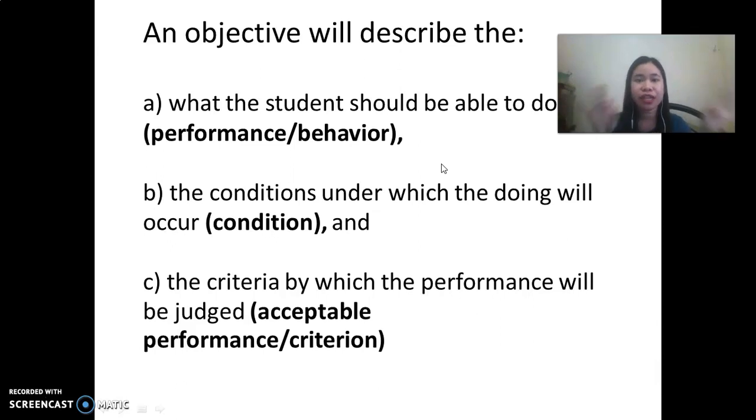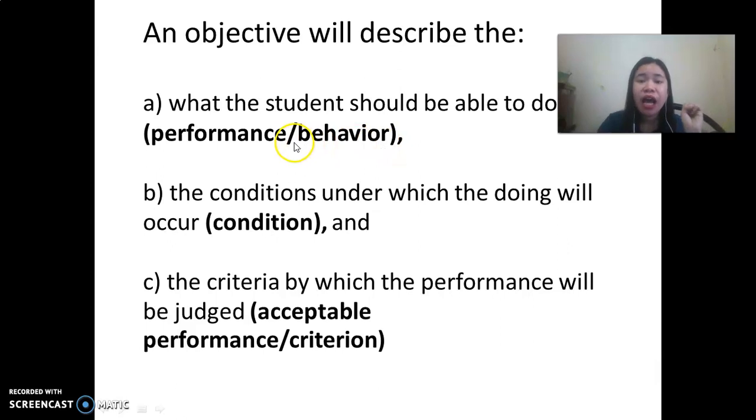There are actually three main things that we need to remember when it comes to writing an objective. A good objective will state what the student should be able to do, which is also known as the performance or the behavior. Okay, take note of these words, performance or behavior.